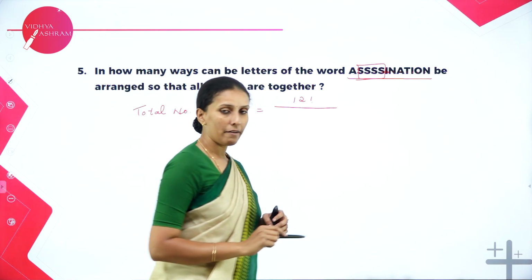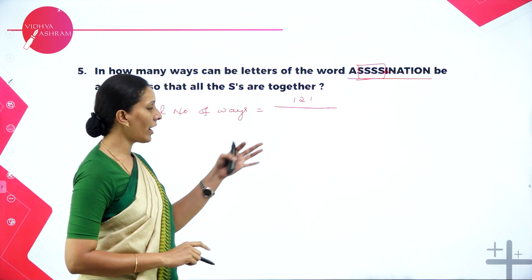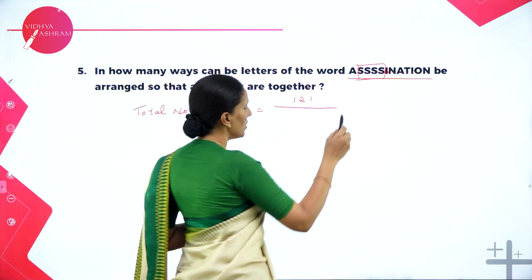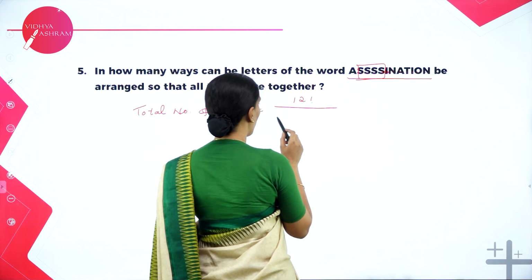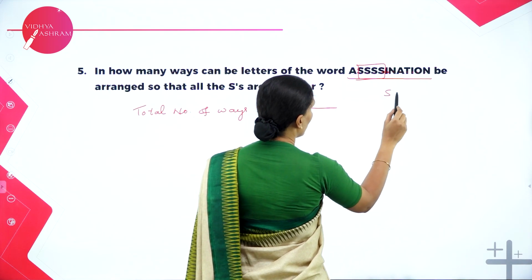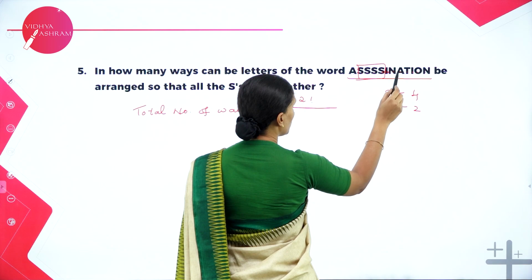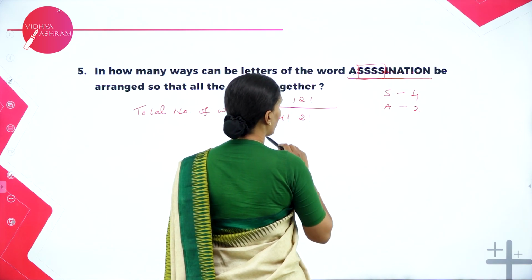And whenever we have an object which is repeated n number of times, we need to divide by the factorial here. So we know here S is repeated 4 times, so divided by 4 factorial. And A we have 2 times, so divided by 2 factorial.